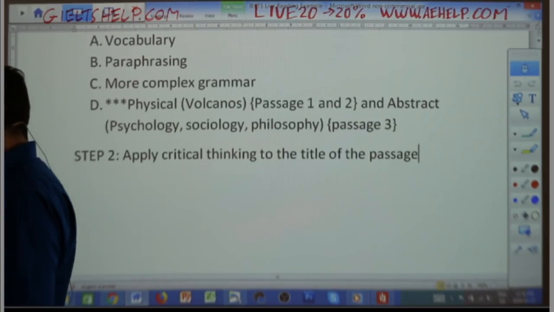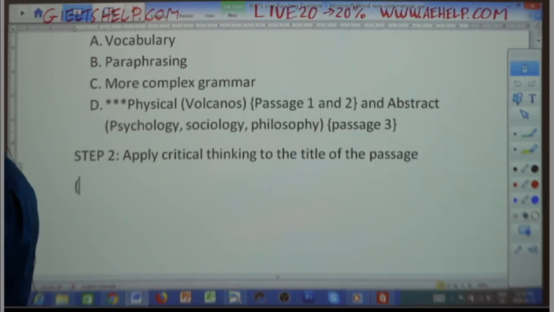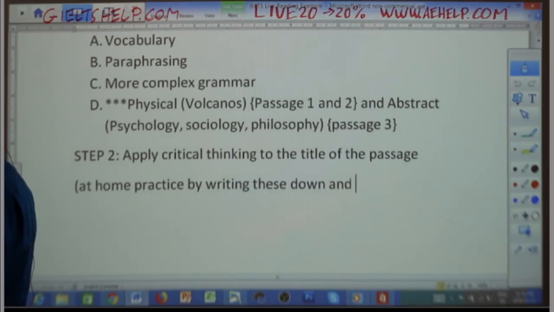And at home, you want to write this down, but in the real IELTS, you're doing this in your head. You don't have enough time to write it down. So at home, practice by writing it down, and on IELTS, do it in your head.